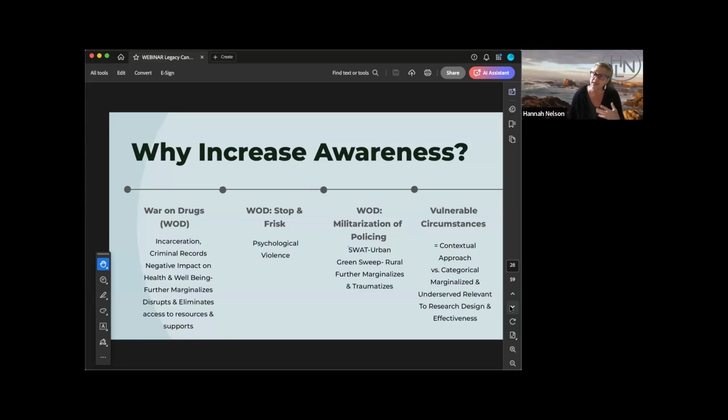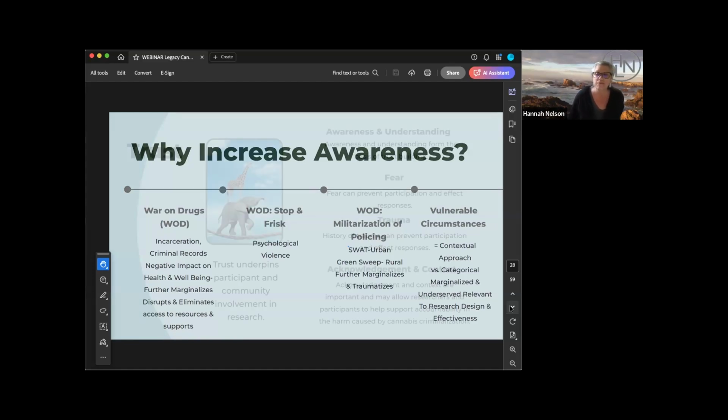The main difference is that the categorical approach considers population, so think elderly population, whereas the contextual approach also looks at all of the circumstances that may result in vulnerability and allows for a lot more nuance. I think that if we keep the greater nuances of vulnerable circumstances in mind, it will help make the design and implementation every step of the way of this research project more applicable and effective.